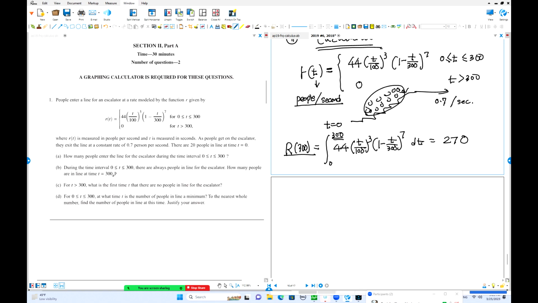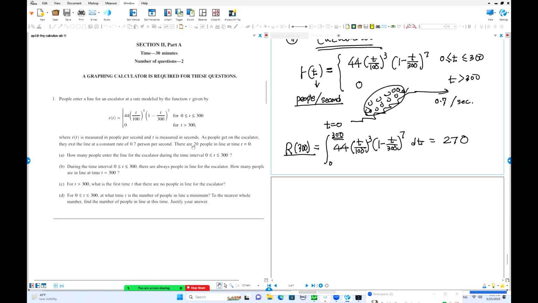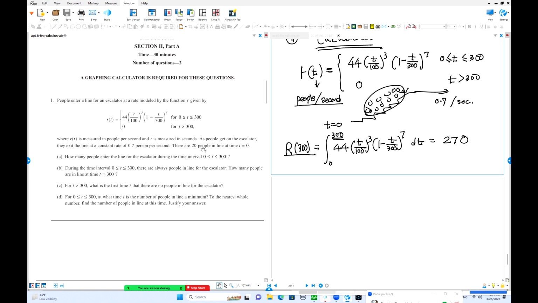How do you think? At t equals 0 there were already 20 people in the line. Now we're going to find how many people are still in the line.